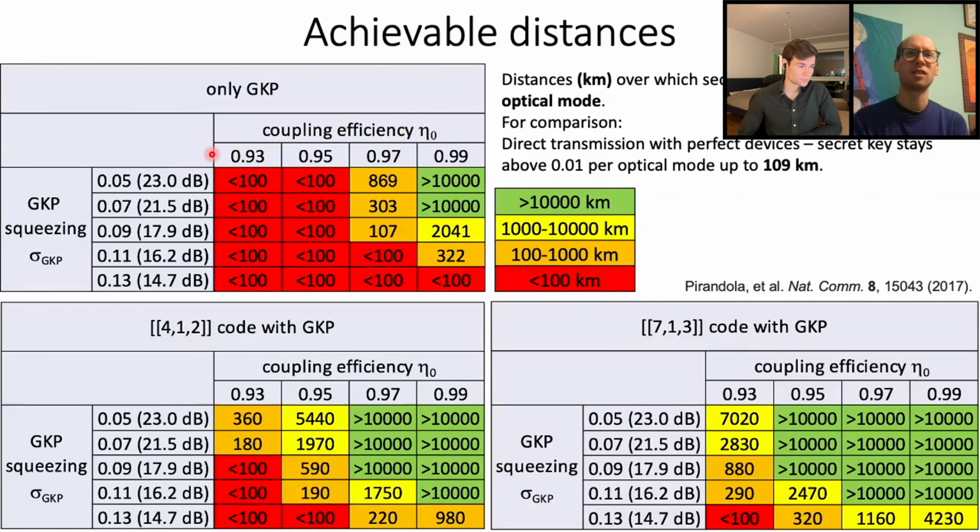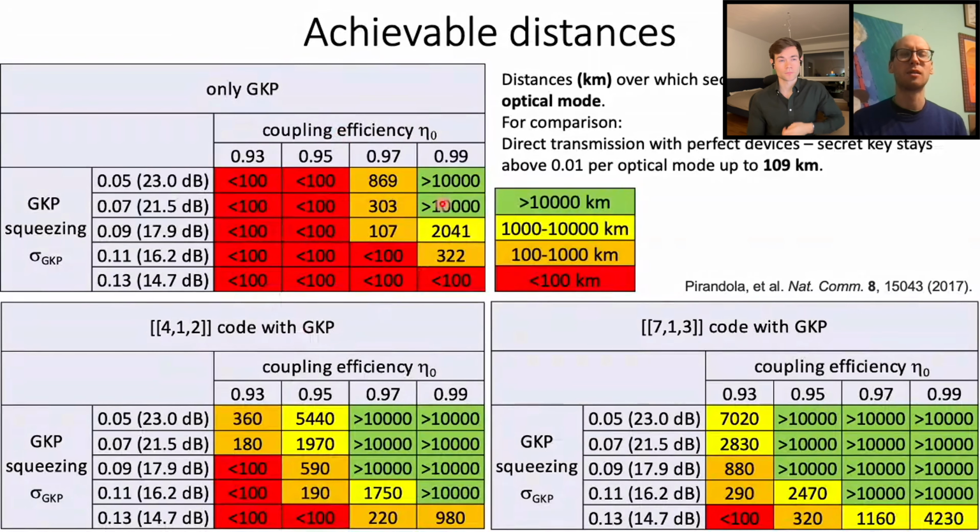And in the table, we consider some experimental parameters. This GKP squeezing is how close to these Dirac delta functions you can get with the peaks of that state. The larger the squeezing in dB, the closer we are to this ideal state. Then coupling efficiency is a parameter we assume for how much extra photon loss you would have inside the quantum repeater, apart from losses in the fiber.